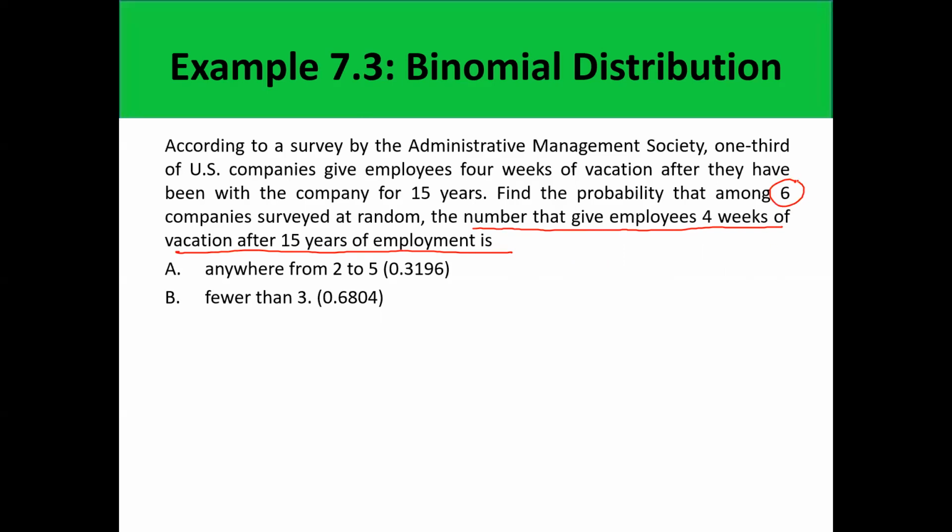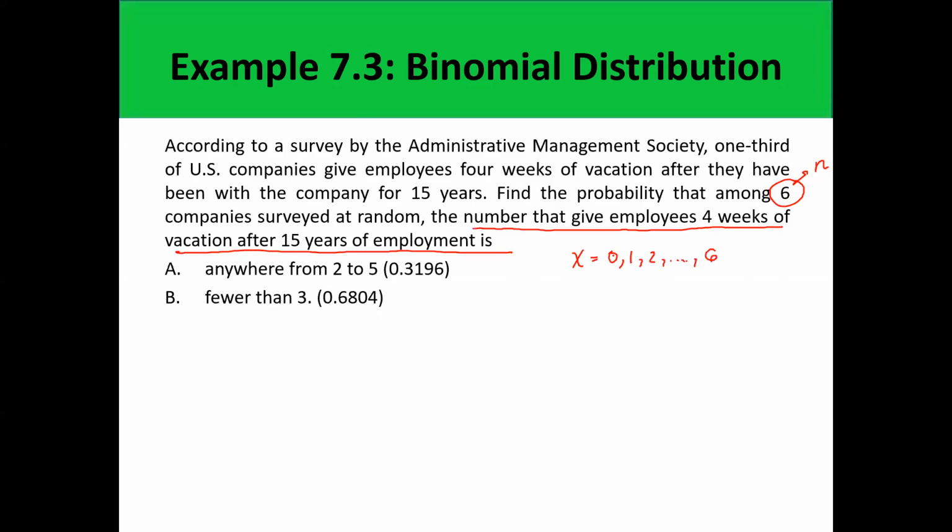So in this case, n is equal to 6, and the success case is the number of companies that give employees 4 weeks of vacation after 15 years of employment. Since n is equal to 6, the binomial random variable would range from 0, 1 up to 6.